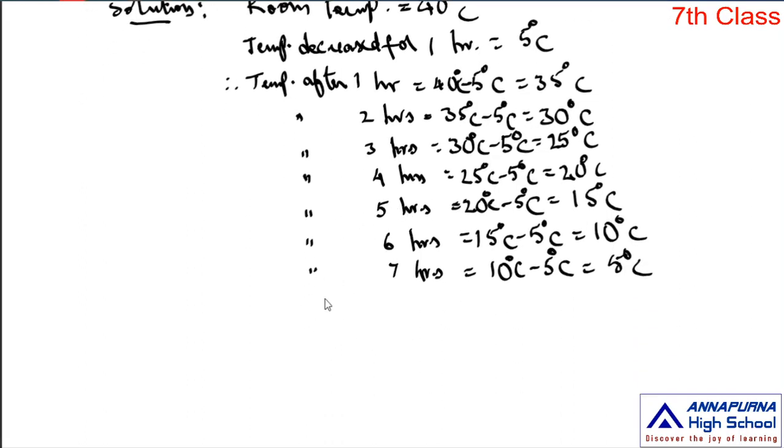Now the temperature after 8 hours. So 5 degrees centigrade is the temperature after 7 hours. Again this 5 degrees is decreased by 5 degrees after 8 hours. So 5 minus 5 is 0 degrees centigrade.